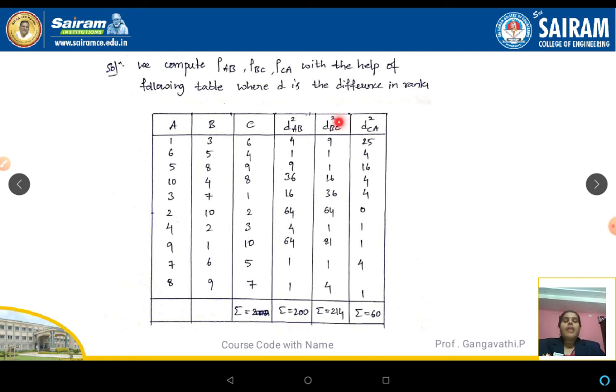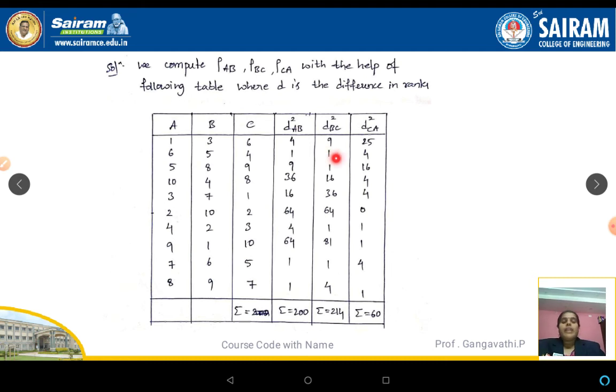Similarly, let us find the difference between judges B and C, square it and enter it here. So look at the judge B rankings and judge C rankings. 3 minus 6 is minus 3. On squaring we get 9. Likewise, 5 minus 4 is 1, whole square is 1.